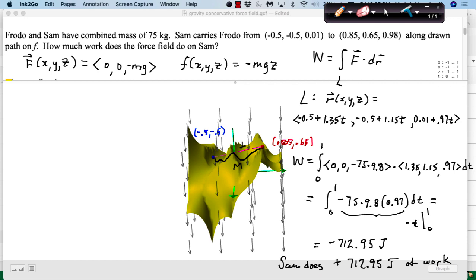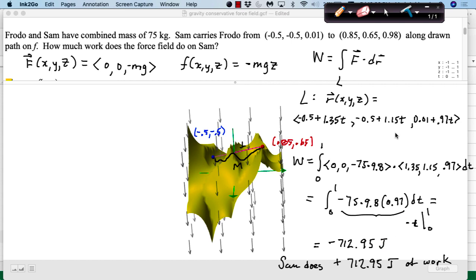Oh, I know why. These are all kilometers, and joules is Newton meters. That's why it's multiplied by 1,000. So these should be multiplied by 1,000 because these dimensions are in kilometers. So this is actually kilojoules.